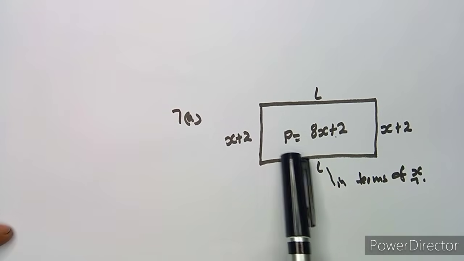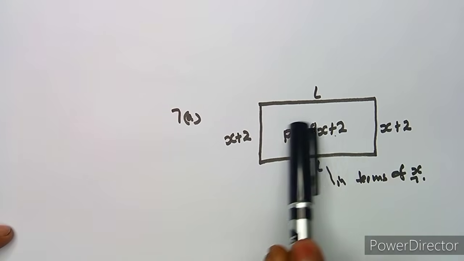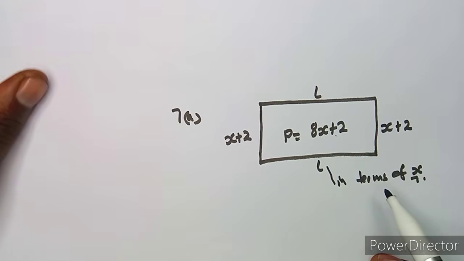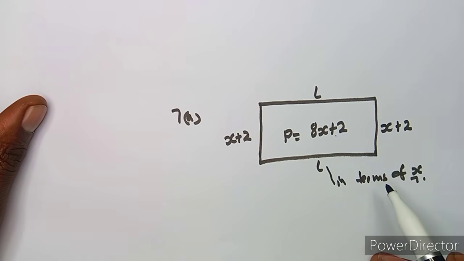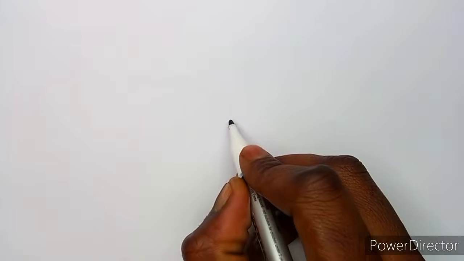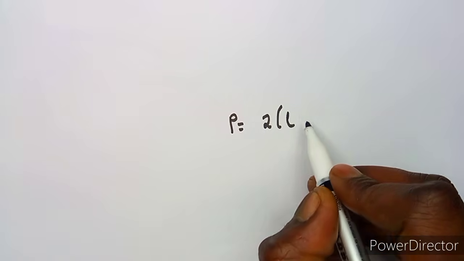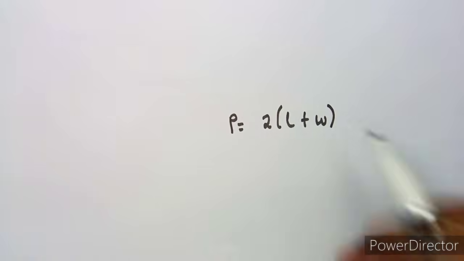So you just ask yourself, how did you manage to obtain this perimeter? That is the question. What was the formula for the perimeter? We know that this is a rectangle, so the perimeter of a rectangle, remember, is 2 into length plus width. That is your perimeter.